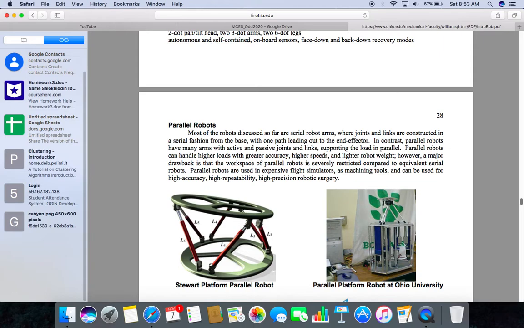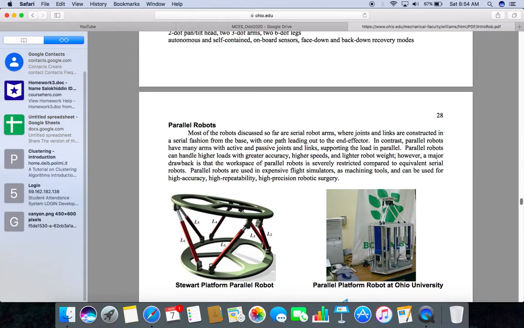In contrast, parallel robots have many arms with active and passive joints and links, supporting the load in parallel. Parallel robots can handle higher loads with greater accuracy, higher speeds and lighter robot weights. However, a major drawback is that the workspace of a parallel robot is severely restricted compared to equivalent serial robots.